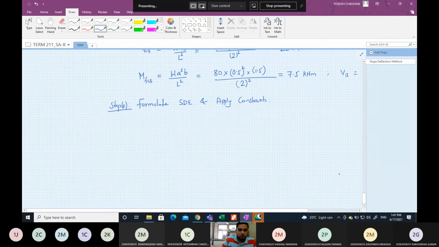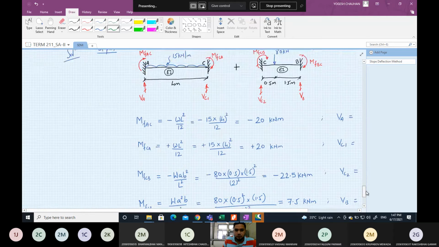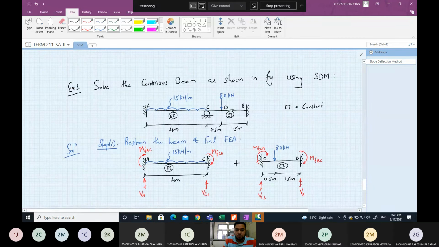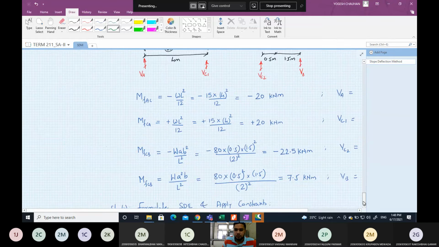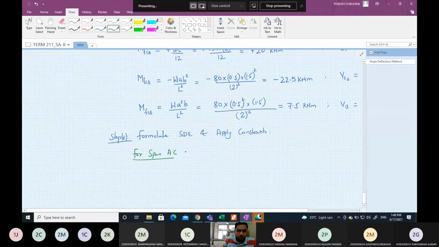So let us say for the first span, for span AC, that means the first span, this is AC, and for this span, the span length is 4 meter. So we'll mention that in bracket here, L is equal to 4 meter.